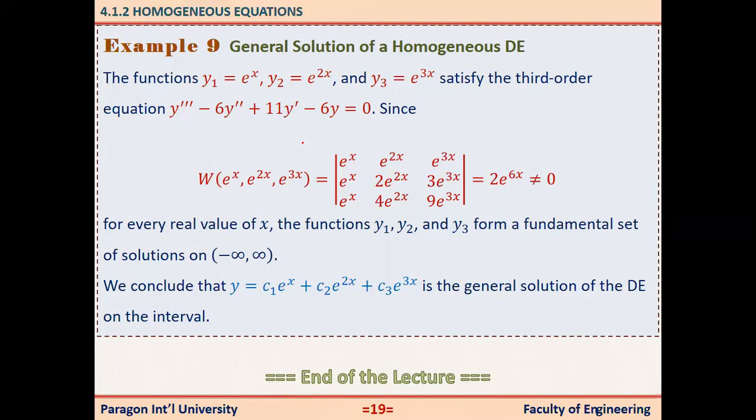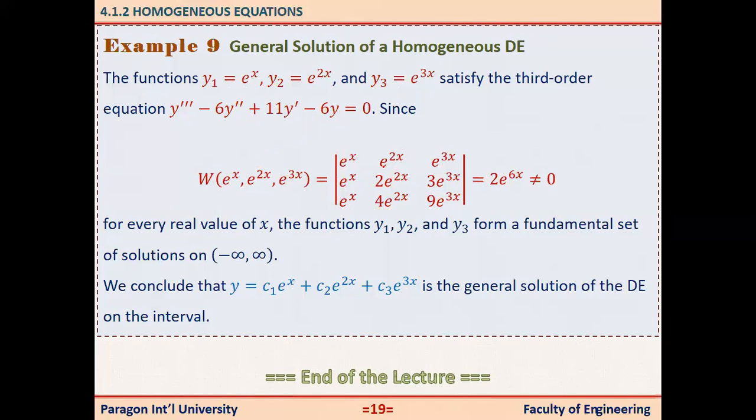Okay, now if we evaluate its determinant, here we have y1, y2, y3, y1 prime, y2 prime, y3 prime, y1 double prime, y2 double prime, and y3 double prime, right?